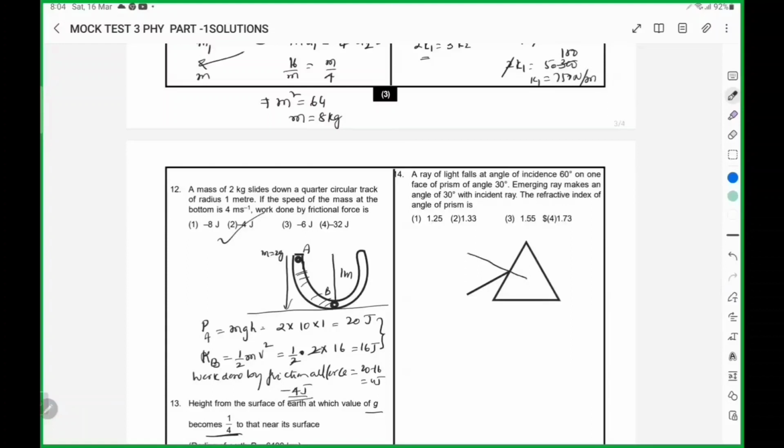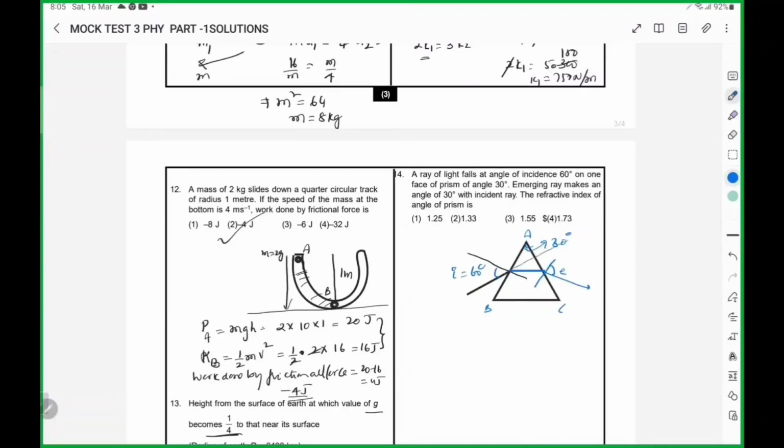This is the normal. So the ray gets deviated, and when it is moving from glass medium to the air, it moves away from the normal. This is the angle of emergence, this is the refracting angle, and this is the angle of incidence, which is 60 degrees, as he has given.